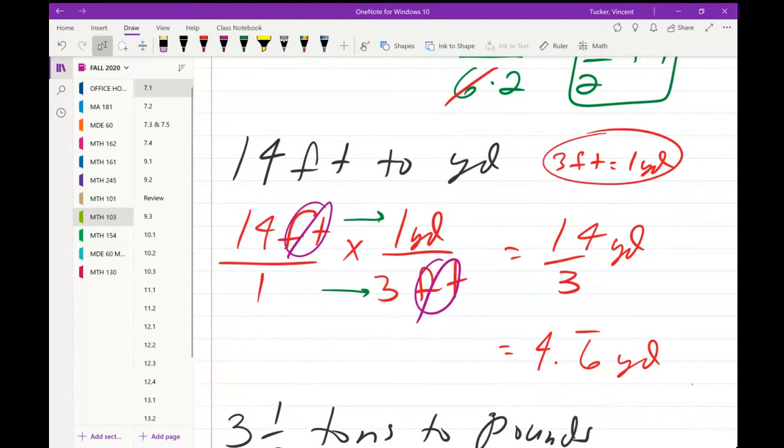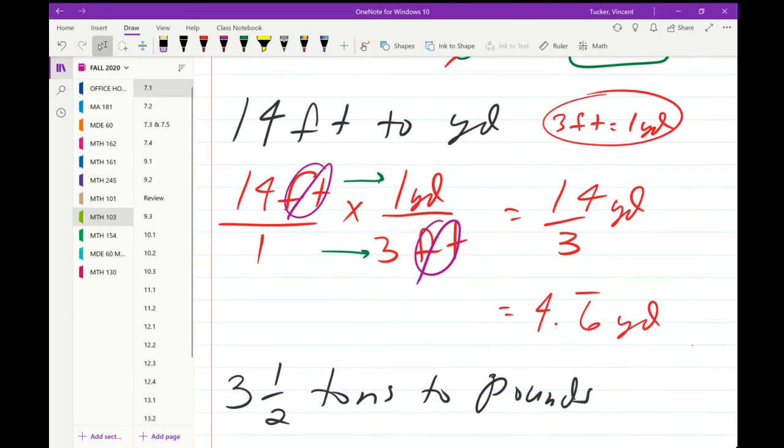And if they want that in decimal, that would be 4.6, with the 6 repeating. All right. Any questions?